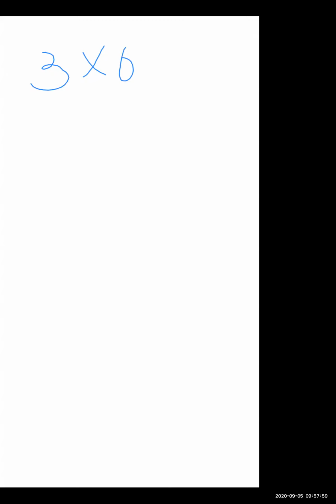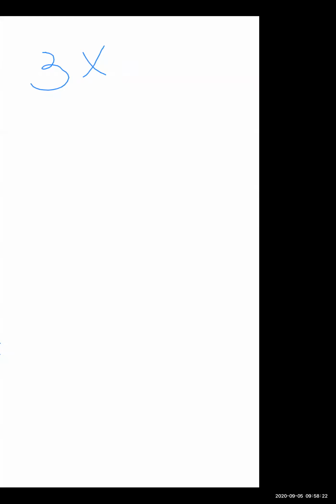What is the exact meaning of 3 into 0? Add 3 zero times. Add 3 how many times? Zero times. That means we don't want to add anything. Zero times means not even once.